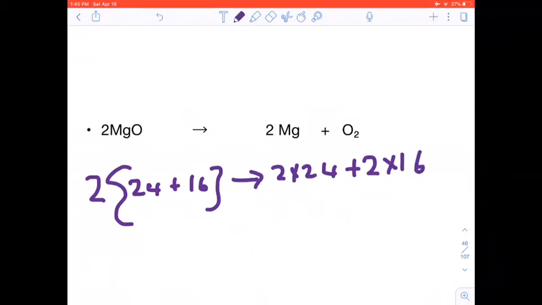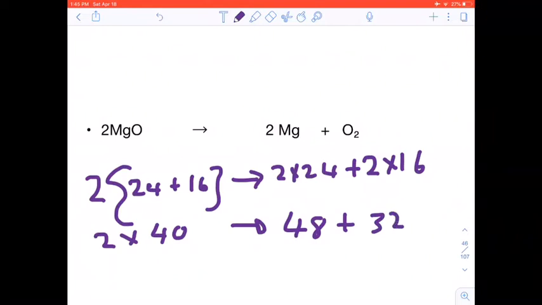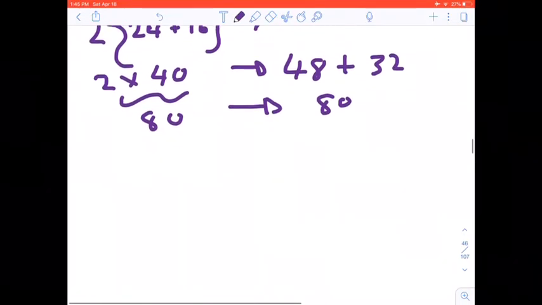So here we have 2 times 40 gives us 48 plus 32. So that gives us 80, and that gives us 80. Alright. So again here we find that that law applies.